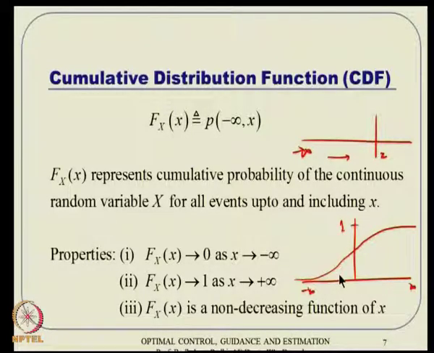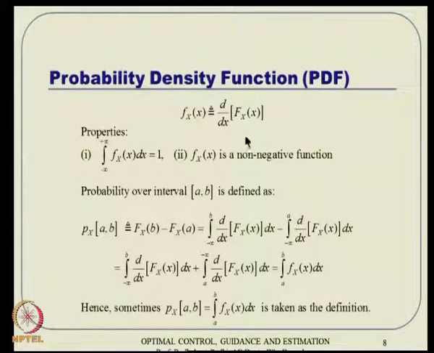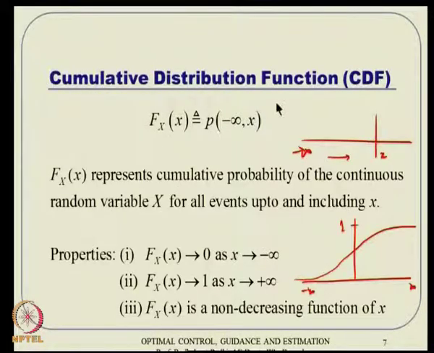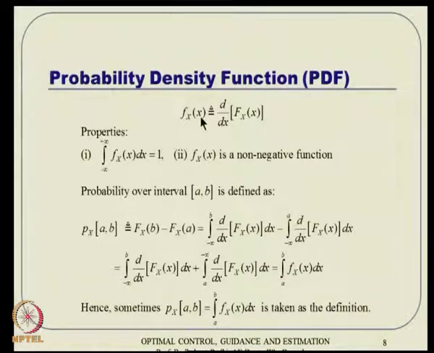The derivative contains a lot of information, and that is how it is defined as the probability density function. You will come across this in a lot of probability and random variable concepts. The probability density function is defined as the derivative of the cumulative distribution function.